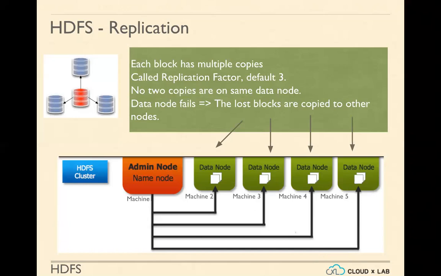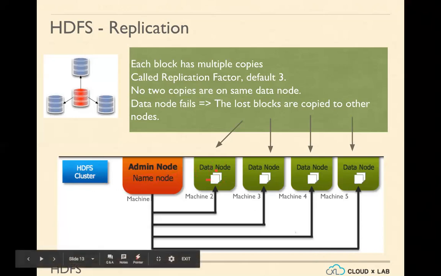The purpose of copies is so that if one of the machines goes down, we have another copy to recover from. So if one of the data nodes fails, the lost blocks will be recovered, right? Let's say this data node failed and some blocks have disappeared.